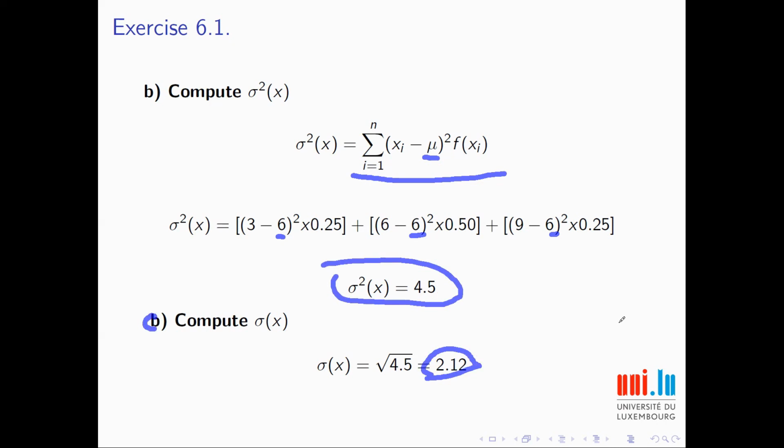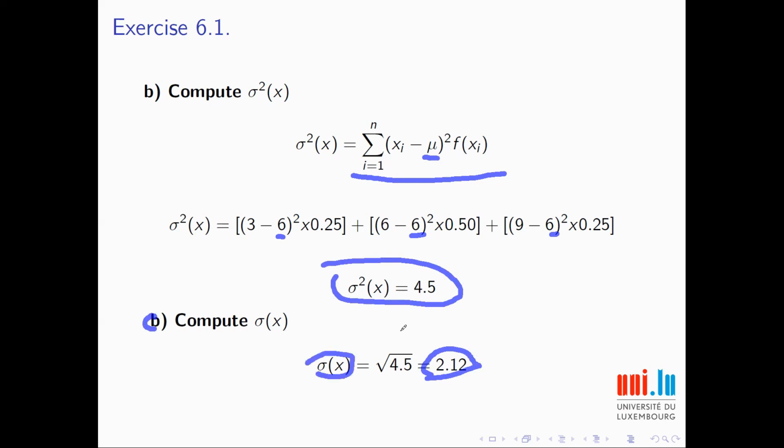Also here I just want to recap that by itself the variance is not interpretable, because it's not expressed in the same quantities as the original random variable, whereas the standard deviation is expressed in the same quantities as the original random variable.